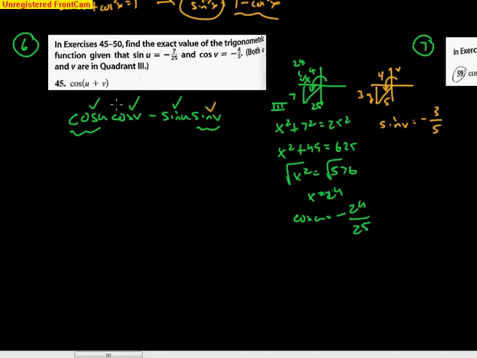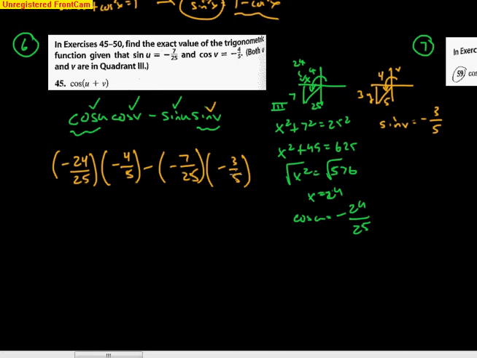Plug them in. Cosine of u, negative 24 over 25, times cosine of v, given to me, negative 4/5, minus sine of u, given to me, negative 7 over 25, times sine of v, what I found, negative 3/5. Multiply across. Negative times a negative is a positive. 24 times 4, I believe, is 96. 25 times 5 is 125.